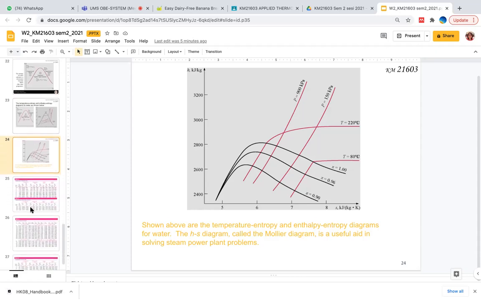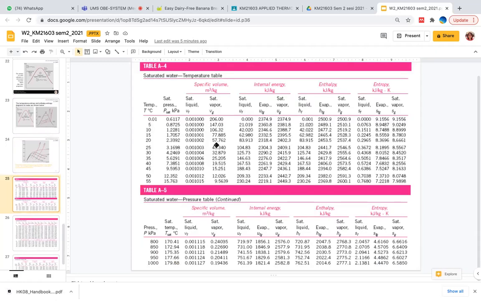We are not going to look at it until chapter 7, I think. If you look at the saturated water temperature table, mostly you deal with specific volume, internal energy, enthalpy. And there is another one, which is entropy.